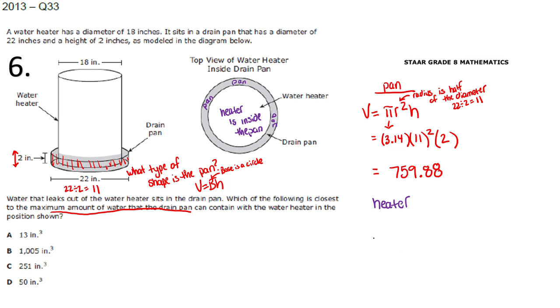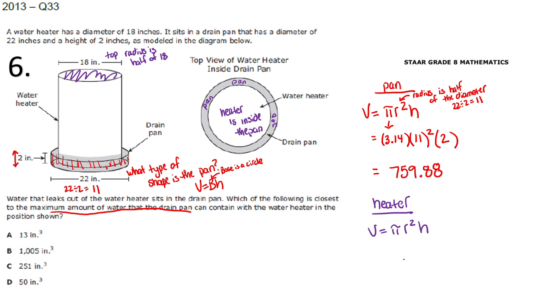The heater is also a cylinder, so the volume is pi r squared times the height. Then the r in this problem, we have to look up here at the top. The radius is half of 18.